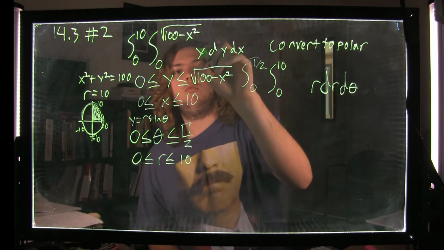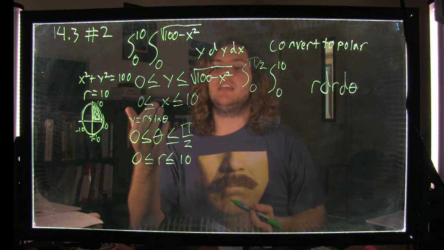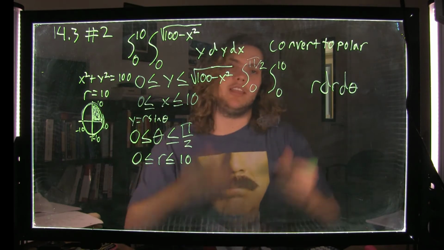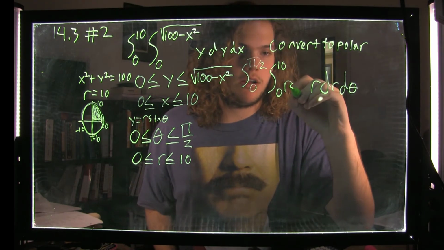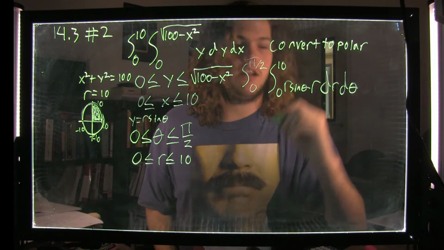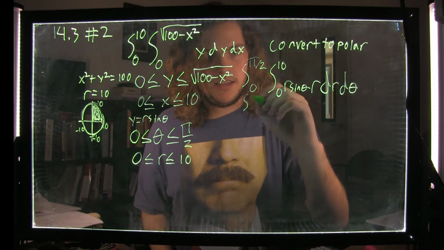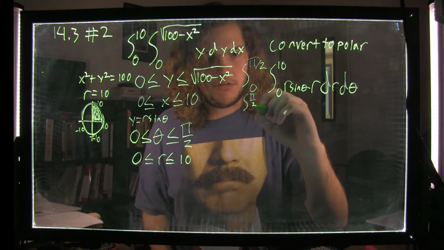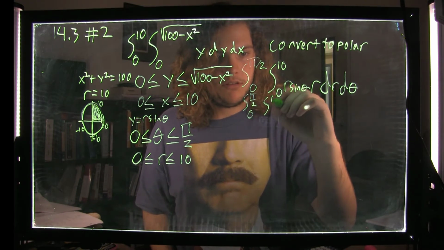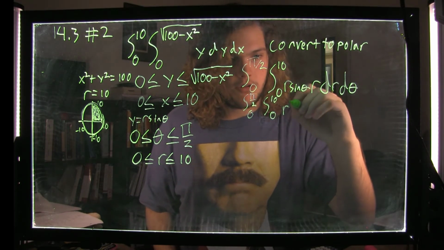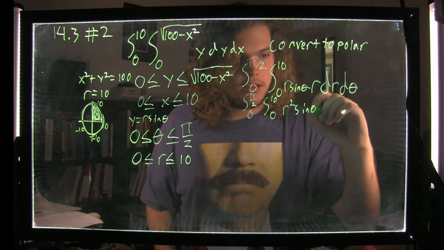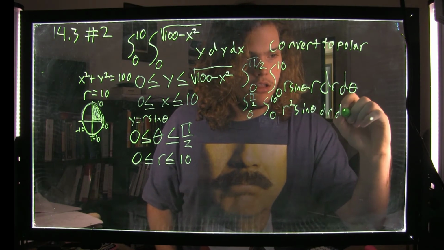And then because we have a y here, we know that y, once you switch to polar coordinates, is r sine theta. So we can rewrite this to make it nice and easy: the integral from 0 to pi over 2, 0 to 10, of r squared sine theta dr d theta.